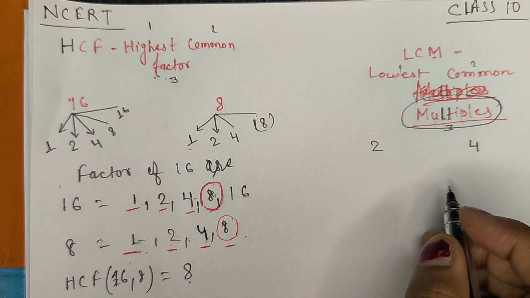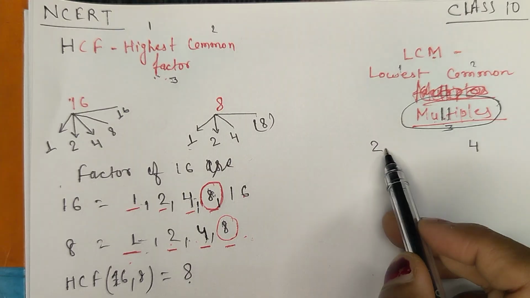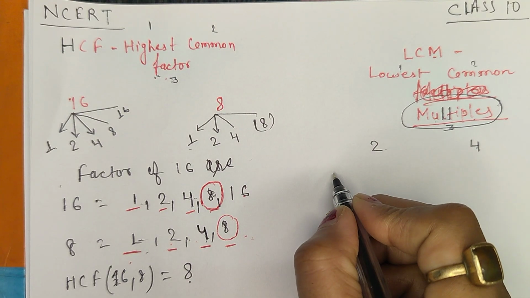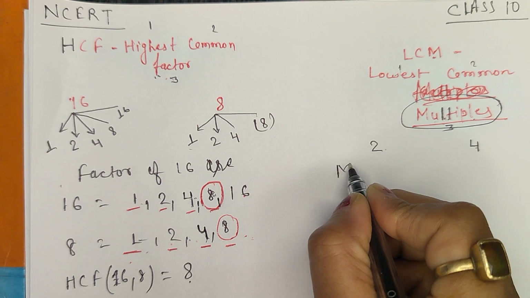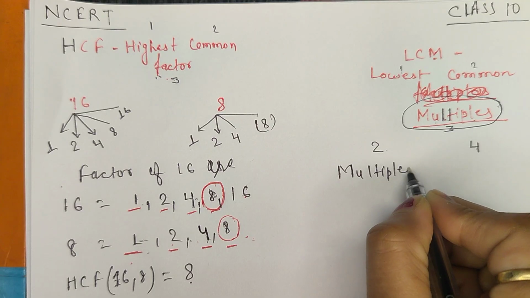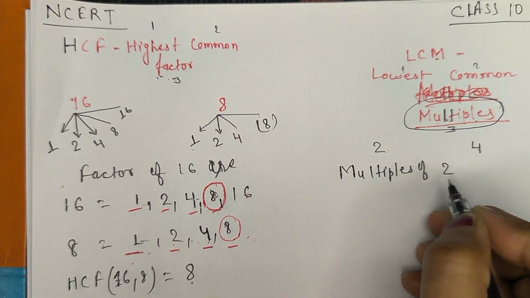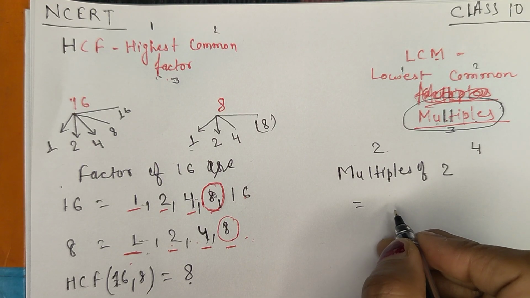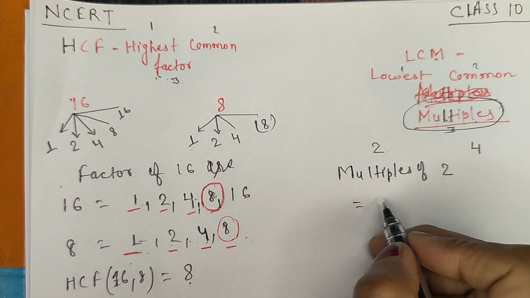First you write multiples of 2 and multiples of 4. Multiples of 2: we write the table of 2 like that.